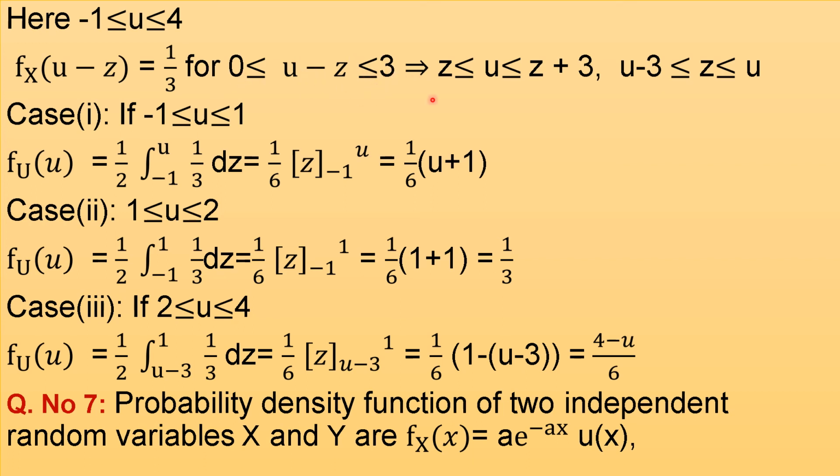So for all z values which are greater than or equal to u minus 3, less than or equal to u, fx of u minus z will be 1 by 3, for all that z values between u minus 3 and u, or for all that u values between z and z plus 3.